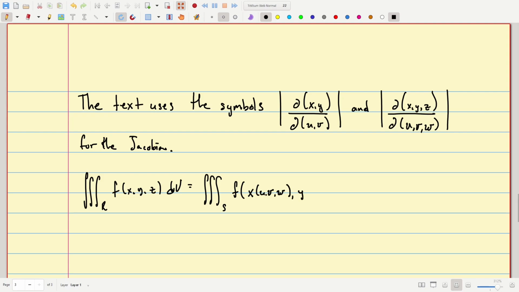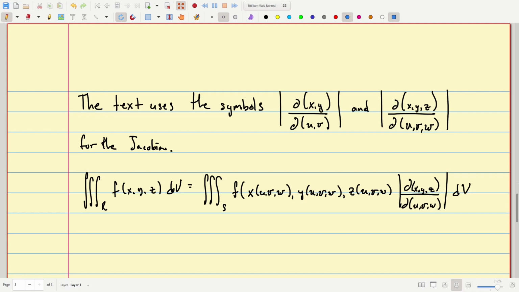Now X, Y, and Z are in terms of the new coordinates. We end up with the Jacobian being multiplied times our integrand. And then we have some choice of the three variables here.